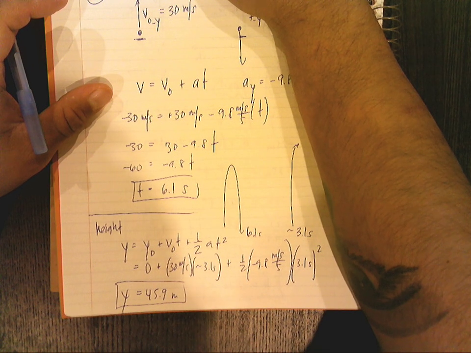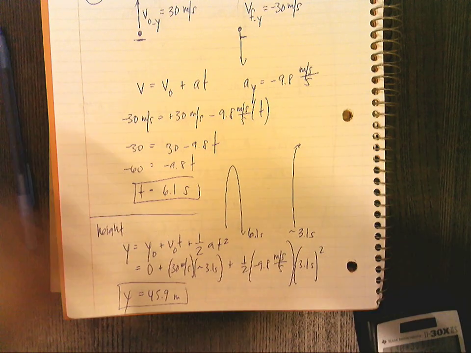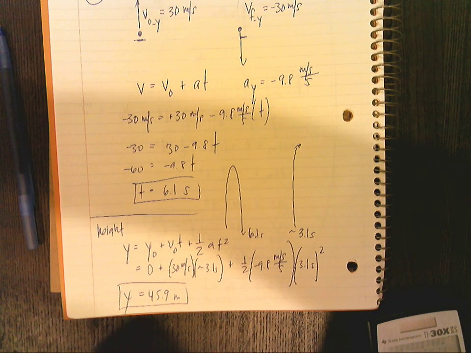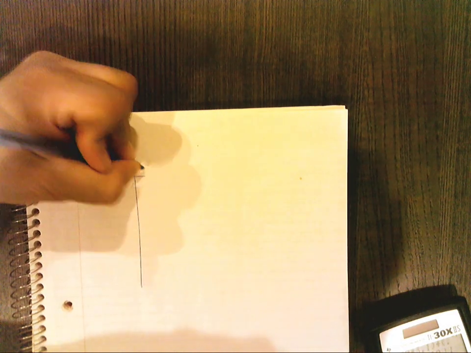Sketch a graph of the velocity versus time and height versus time of the object and state what the slope of each graph represents. Well, let's think about this. This is part C on this problem, velocity versus time. Well, I start with a positive 30 meters per second at time 0.